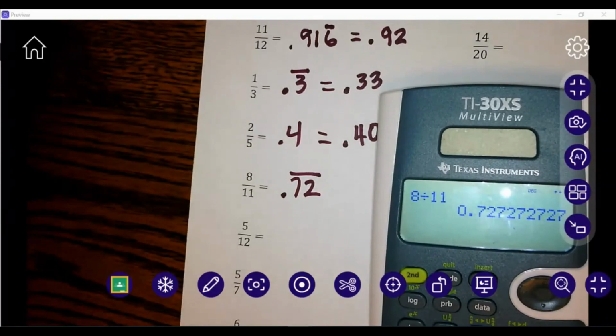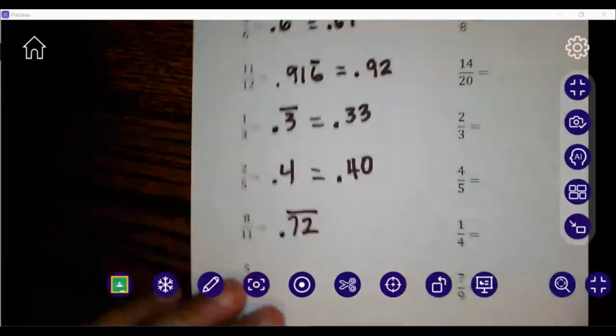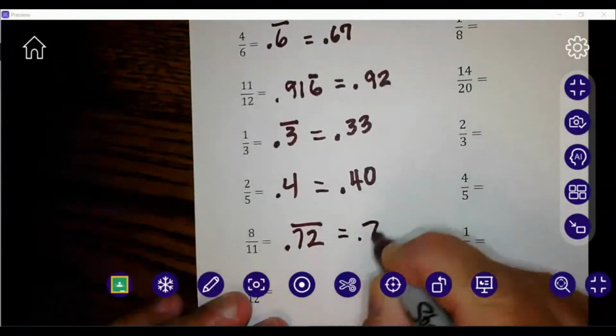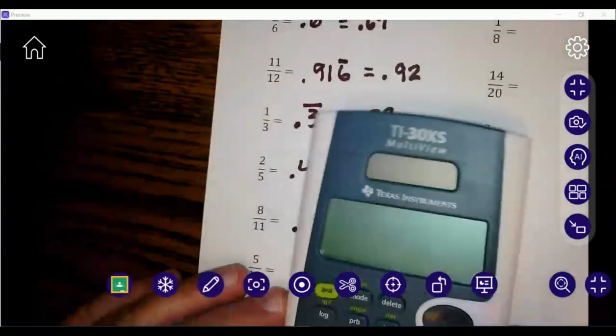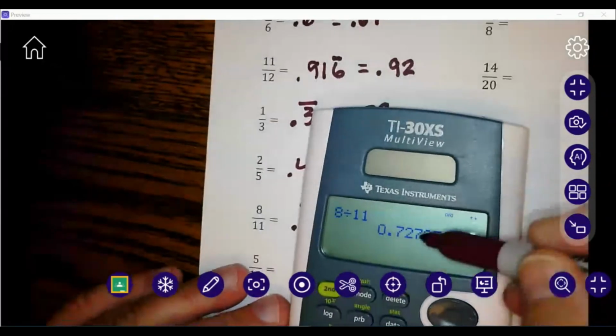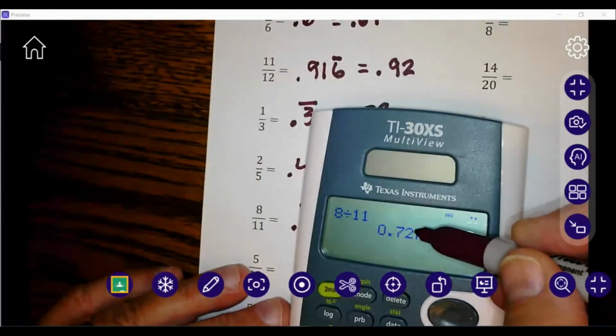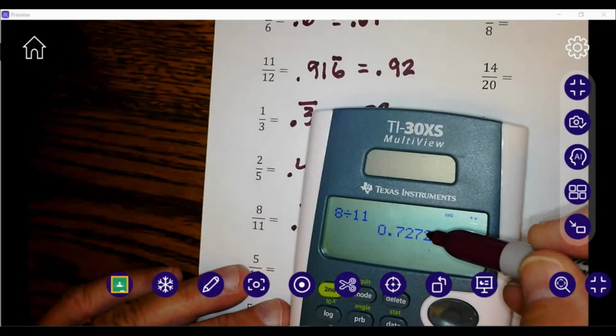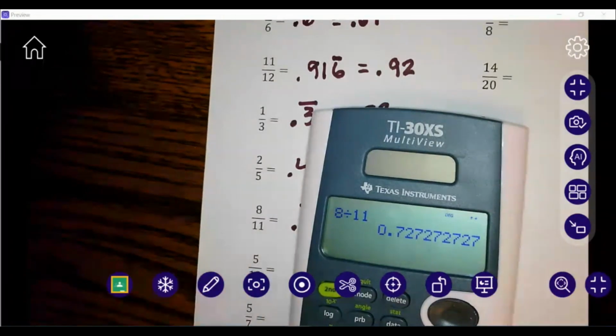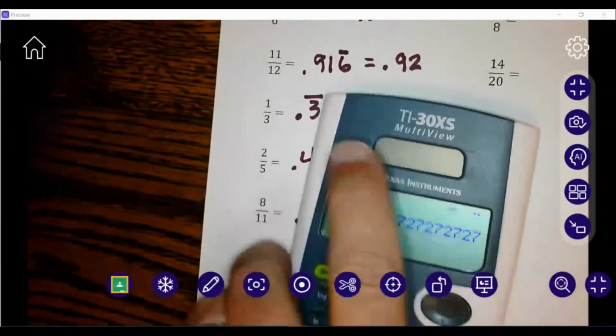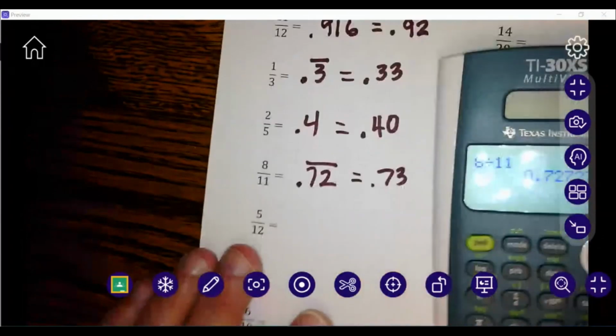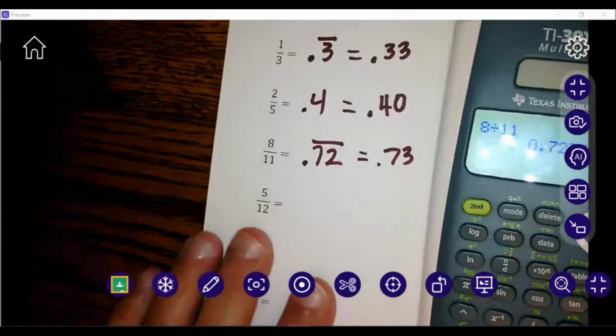What would that round to? All right. Correct answer is 0.73. We look at our second decimal place, the 2. We look next door, the 7. It tells us to round the 2 up to 3.